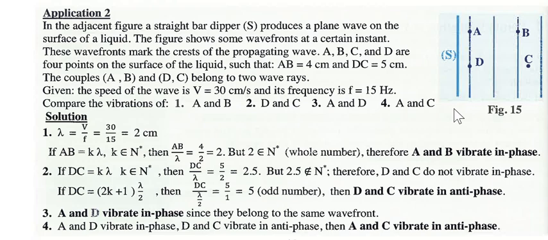What about A and C? Each of them is on a different wave ray, so you first compare D and C. For D and C we said they are in antiphase. What about A and D? A and D are in phase. So by comparison, you can simply say that A and C vibrate in antiphase.